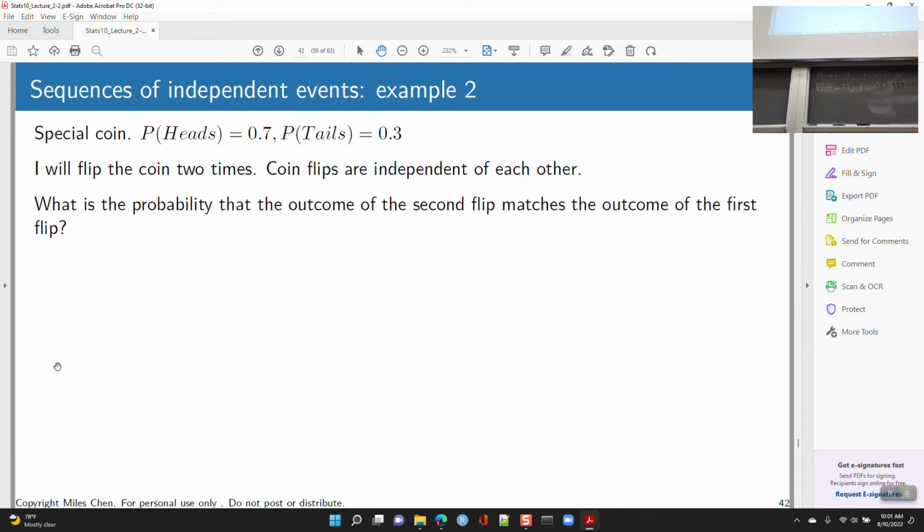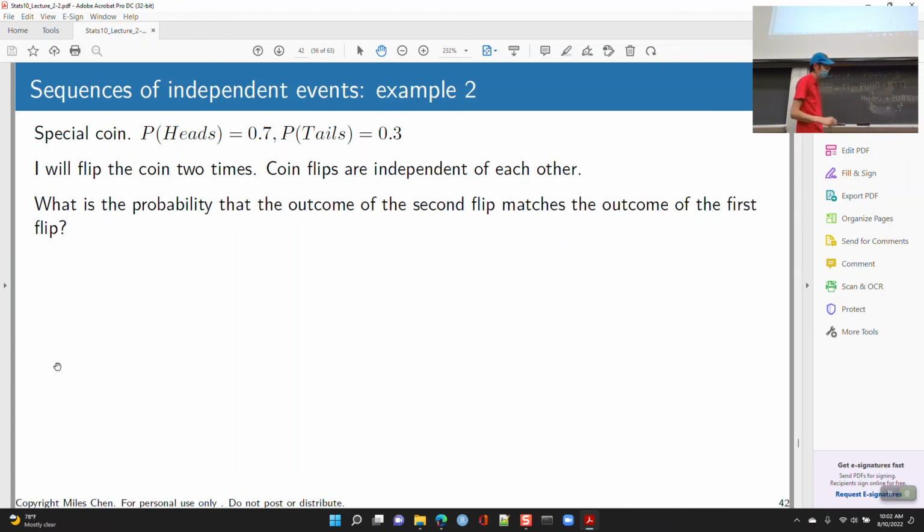Okay. What's the probability of heads, heads? Well, we did that earlier: it's the probability of heads times the probability of heads, which is 0.7 squared, plus the probability of tails, tails, which is the probability of tails times the probability of tails.